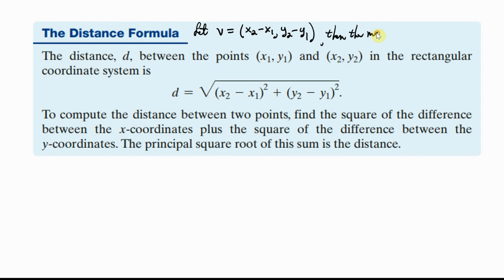Then the magnitude of V is given by this norm of V, which is the same thing as this formula for the distance. So this is a different way of writing it.